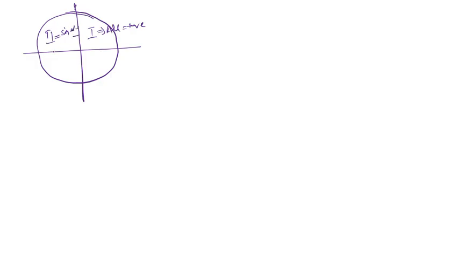So how do we remember? One thing you can remember is: all, sin, tan, cos. In the third coordinate we have seen that tan is positive. In the fourth coordinate we have seen that cos is positive. So we can remember it as all, sin, tan, cos.